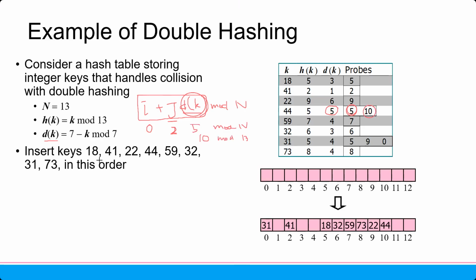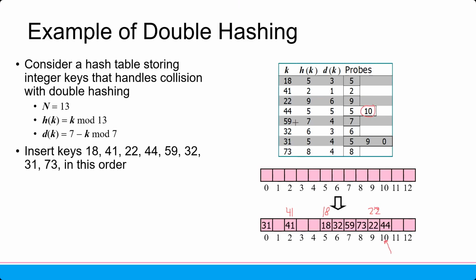Now let's check. In the previous one, we have 18 here, 41 here, 22 here. Let's check position 10. It is still empty, so we put 44.